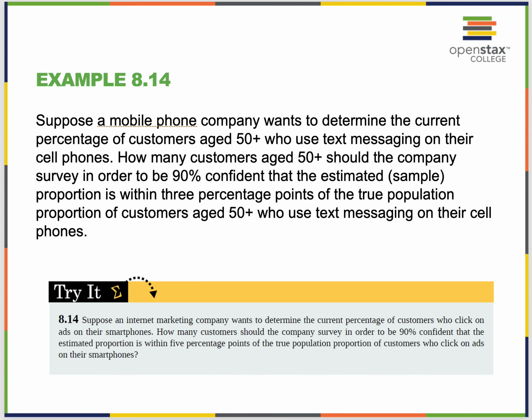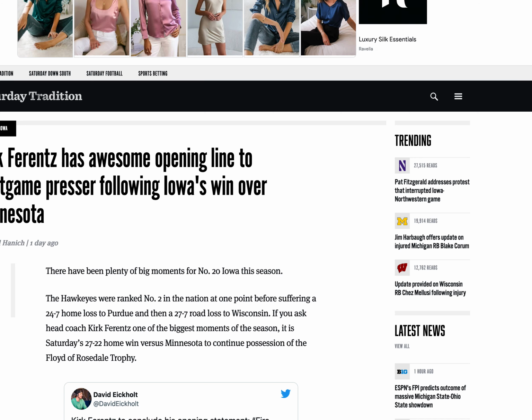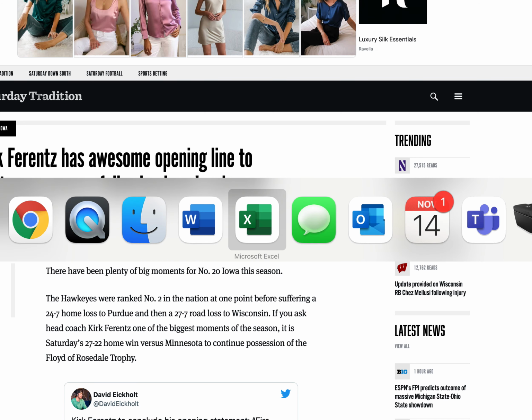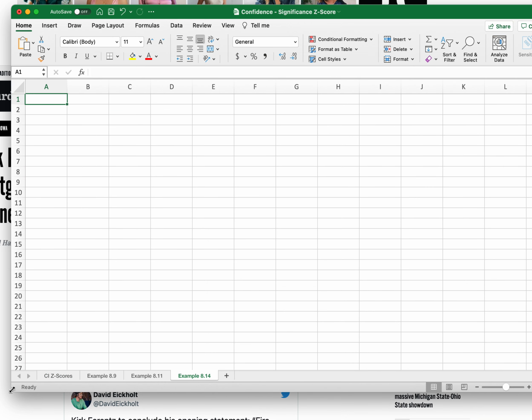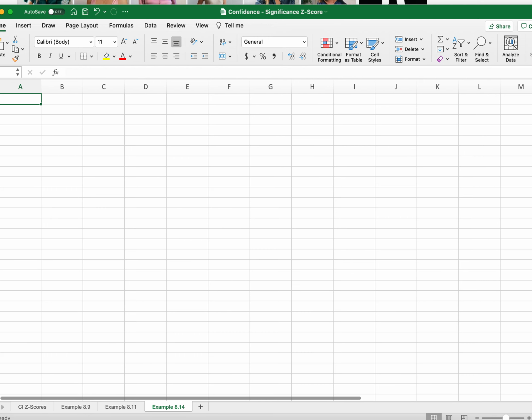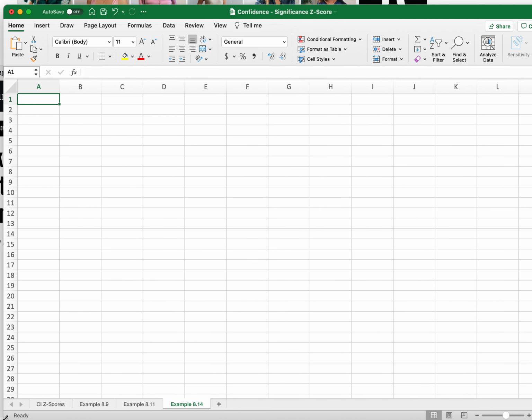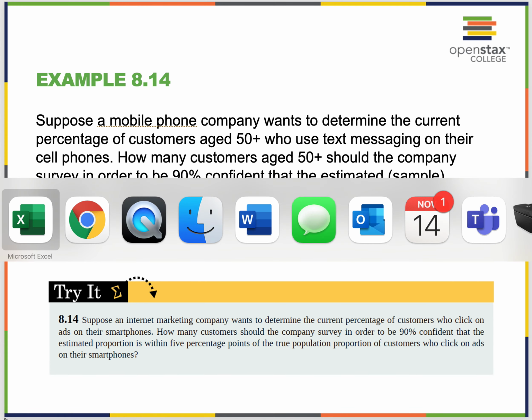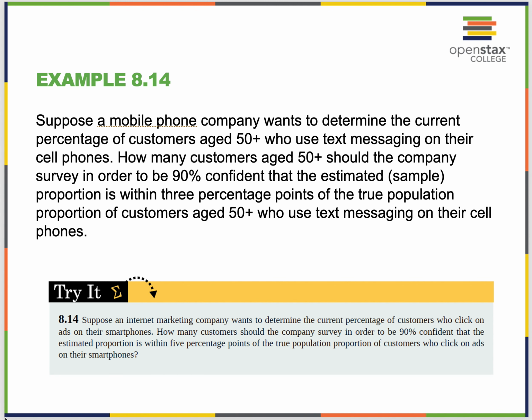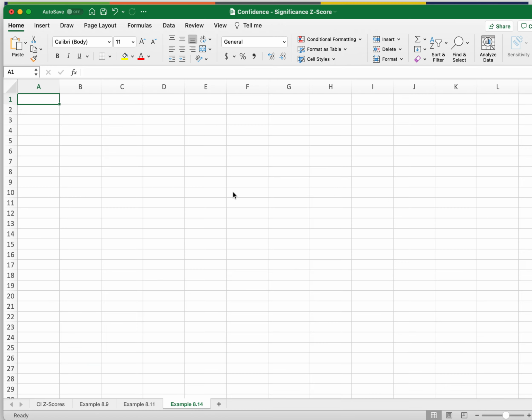Okay, we noted, oops, wrong thing again. Here, let's go back here. When we look at this, we're going to look at a sample of this problem. We want a 90% confidence interval, and we use CI for confidence interval.